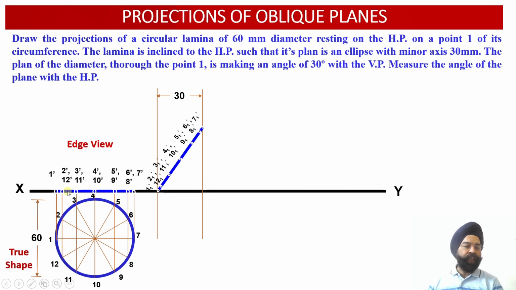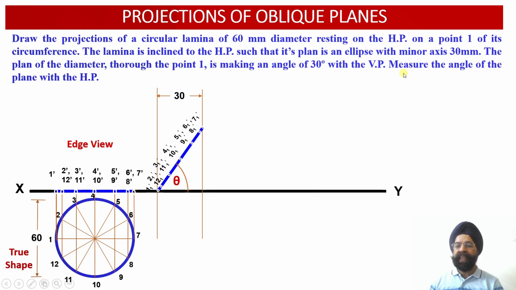Then according to the distances which are available corresponding to the other points on this edge view, the same distances will be plotted alongside this front view projection obtained onto the vertical plane corresponding to this inclined lamina. So the moment we draw this edge length between these two projector lines, we are able to evaluate the angle of inclination of the surface of this circular lamina with respect to the horizontal plane.